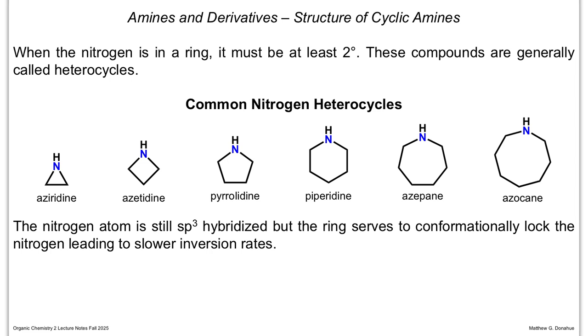If we have a secondary amine, we can tether groups together to make rings, and these are called heterocycles. Notice that all of these are at least secondary. We could substitute H to make them tertiary. But just like with oxygen, they have these special names as shown on the slide.